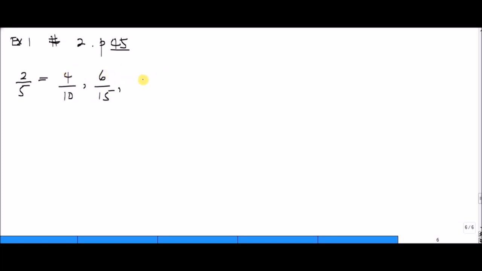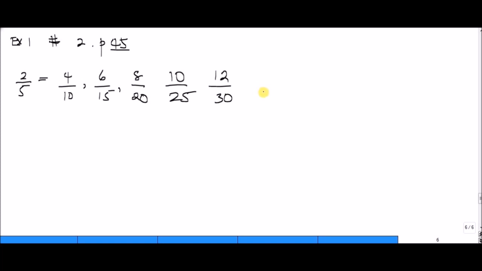Let's go with 4. 4 times 2 would give us 8, and 4 5s would give us 20. Then let's go to 5. 5 times the 2, numerator 10, and 5 times 5, denominator 25. 6 times 2 would give us 12, and 6 times 5 would give us 30.